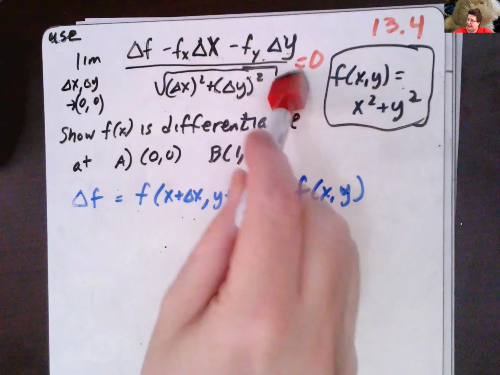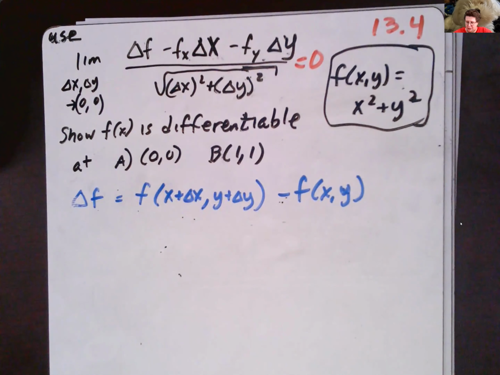And delta f is very much like you remember it from the limit definitions, where you do f of x plus delta x minus f of x, or x plus h, that kind of idea. We're doing f of x plus delta x, y plus delta y, and then minus f of x, y. Then we'll subtract the two partial derivatives times their respective deltas.